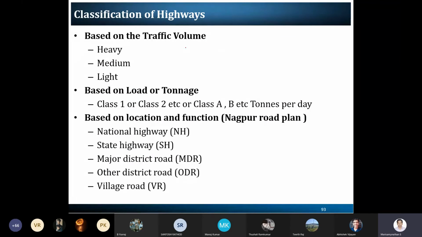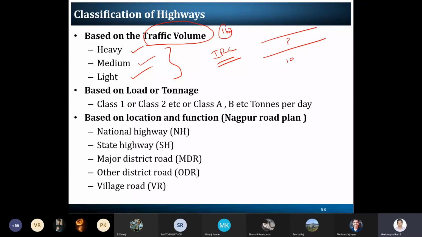The next way is with respect to the volume. Heavy volume will be there, sometimes medium volume, and light. So these 3 are the classifications. In IRC we have the standard, with some thresholds. According to the threshold, they observe the 1-hour traffic volume on that particular road.